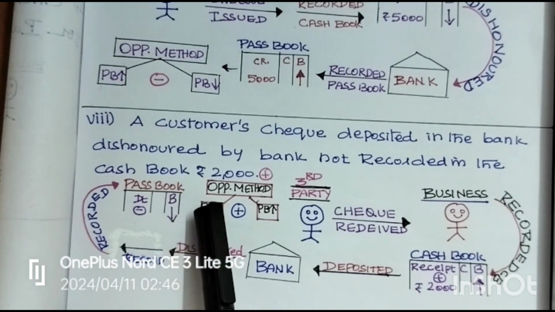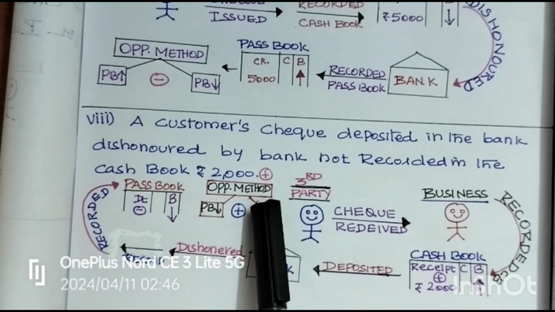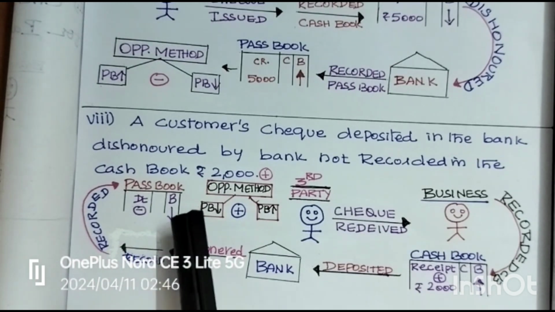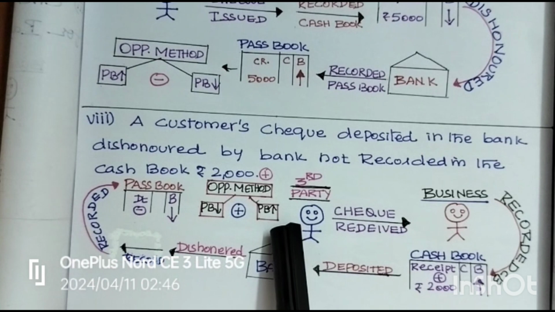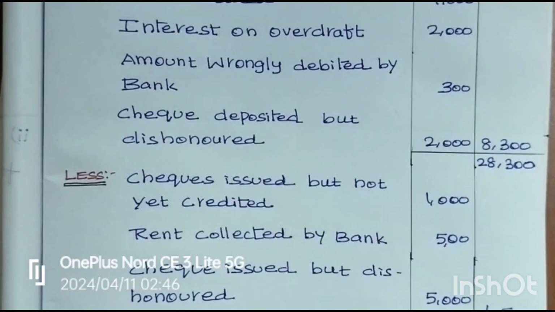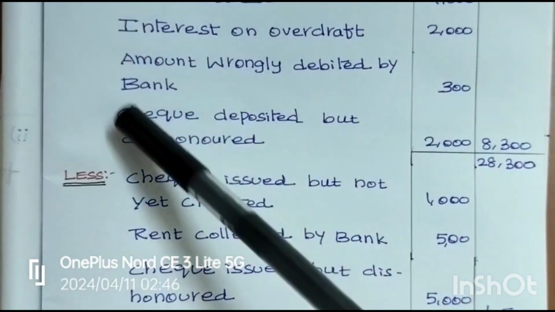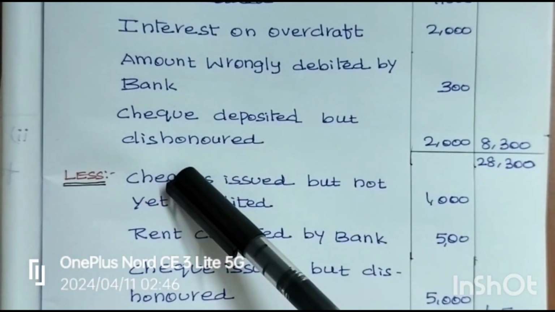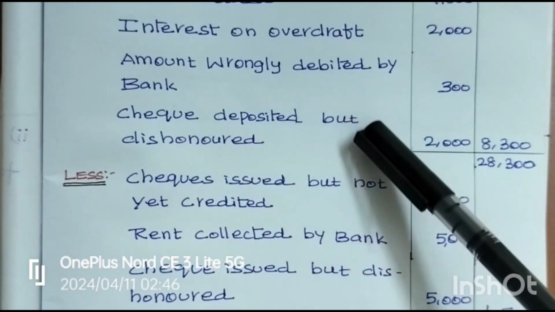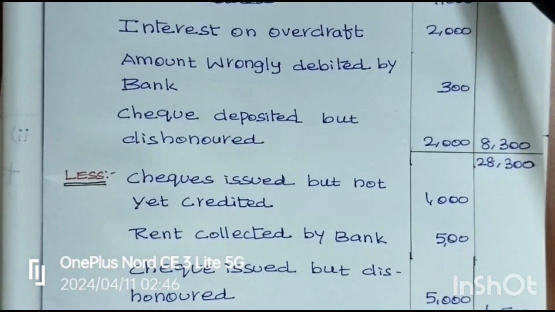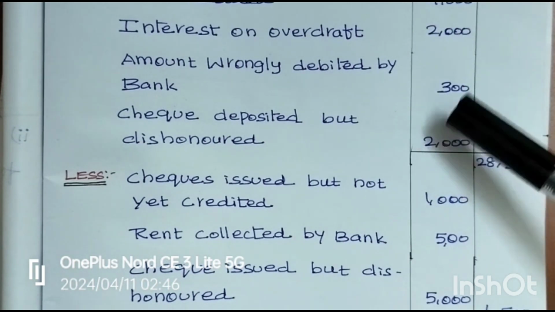We are following the opposite method. If the passbook decreases, in the opposite method it will be increased. So this transaction will be added. In the add column you have to write check deposited but dishonored, and 2,000 rupees is entered in the inner amount column.